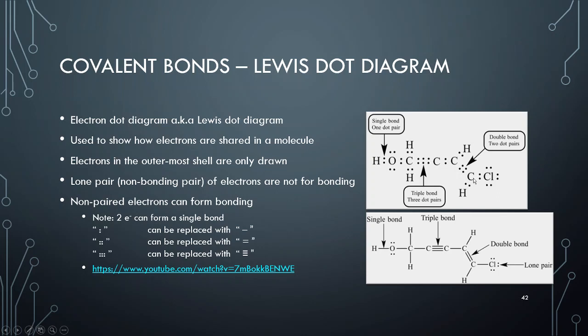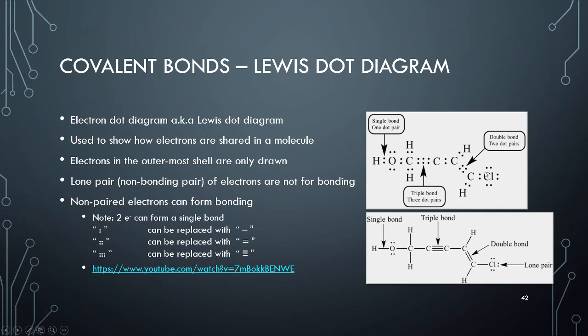This carbon and this carbon are sharing 2 electrons each, so 4 electrons involved, and it's a double bond. If you count how many electrons there are for each carbon, you should still see 8 electrons only. So this carbon here has 6 here and 2 on this side, that makes up 8. This carbon again has 4 here, and 2 and 2 surrounding this carbon, so that makes up 8 as well.